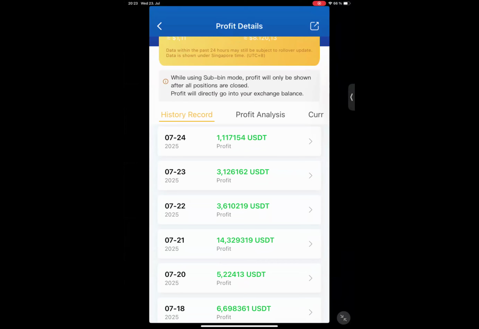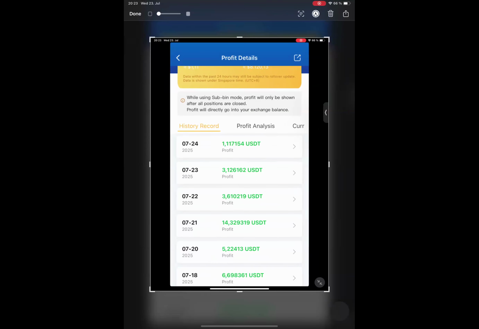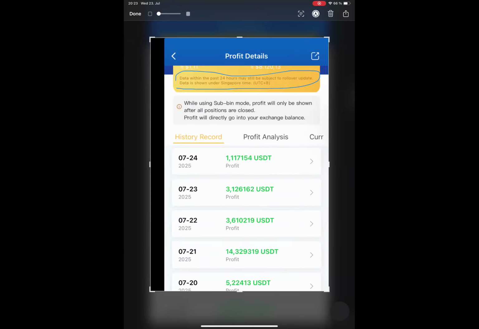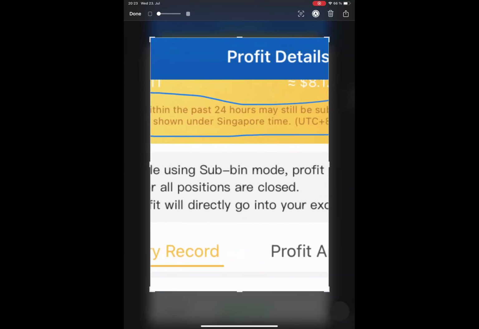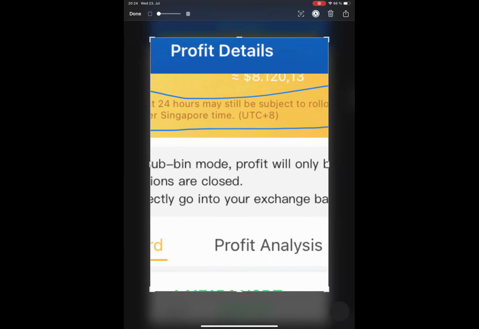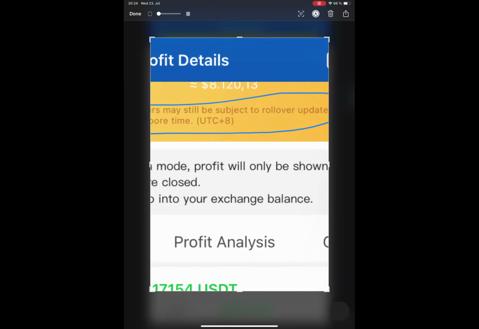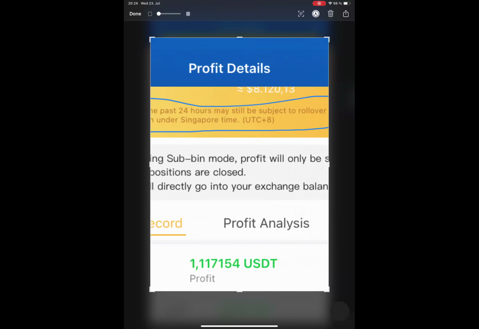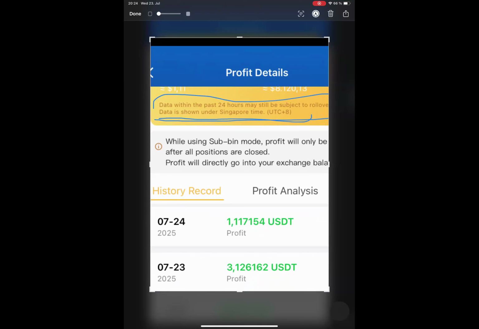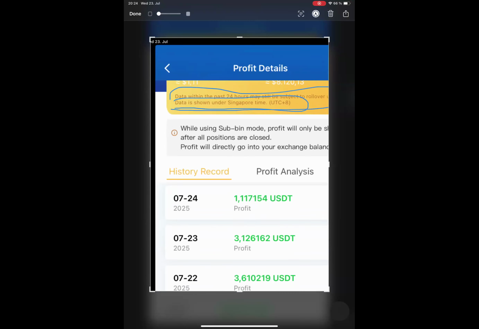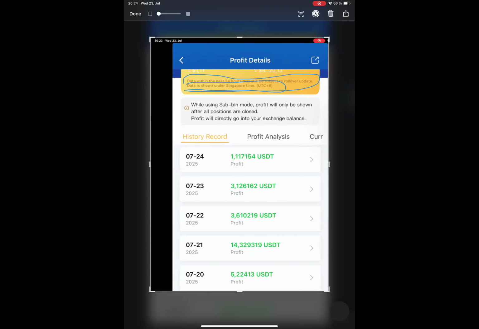Now, below, you can see that there is a small font size right up here that is saying data within the past 24 hours may still be subject to rollover updates. Data is shown under Singapore time UTC +8. Now look at my time at the top here.